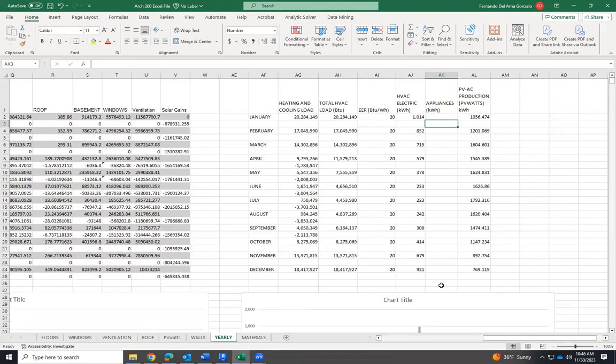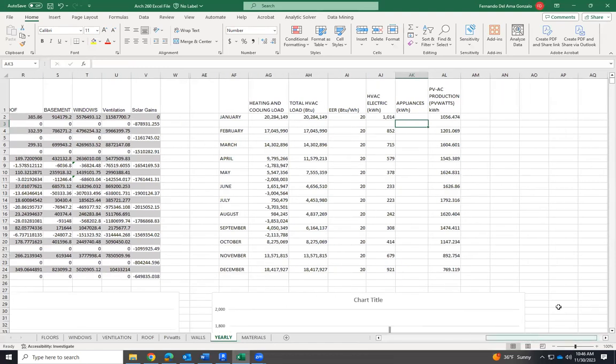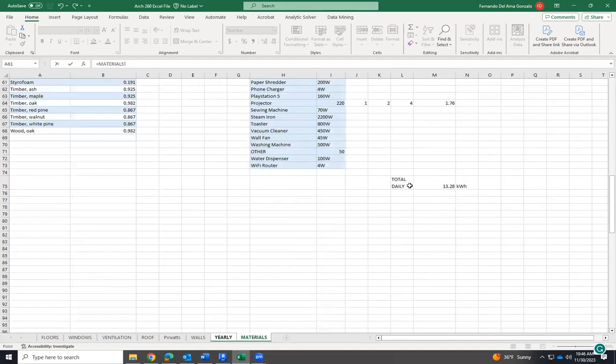So we go to our yearly analysis, and in appliances, what's the energy consumption in January in kilowatt hours? So that will be equals, we have to go to this cell, times 31 because we're in January.